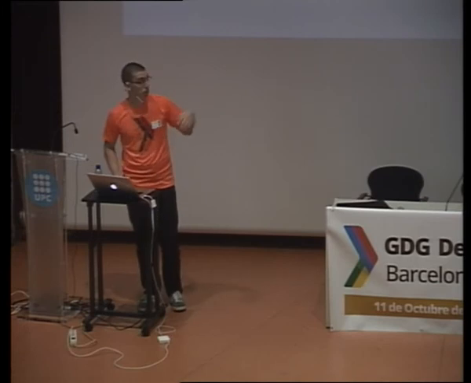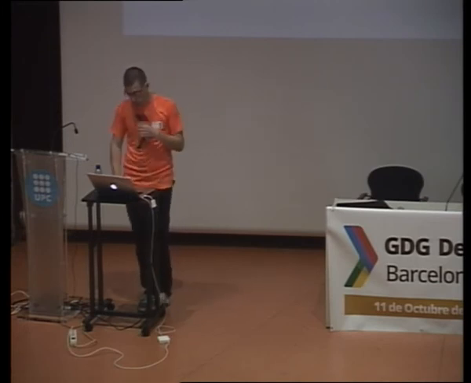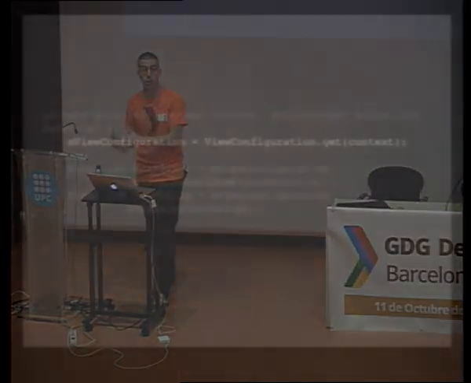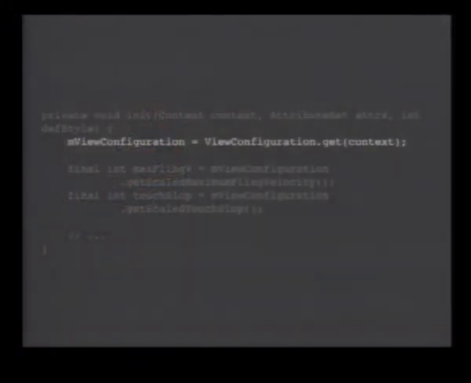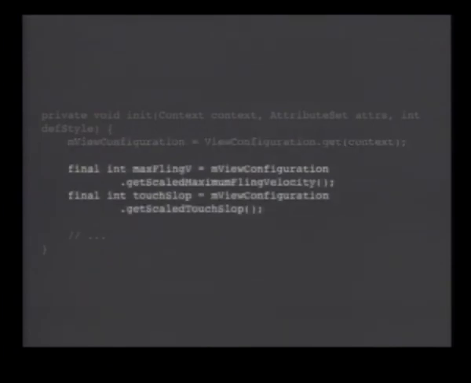So, for instance, in your constructor, you can simply get a ViewConfiguration object, which requires a context because most of the dimensions here are scaled depending on the density of the screen. And then you can get some constants like the minimum fling velocity, which is basically, below this threshold, you don't consider that this was a fling, but just a scroll.